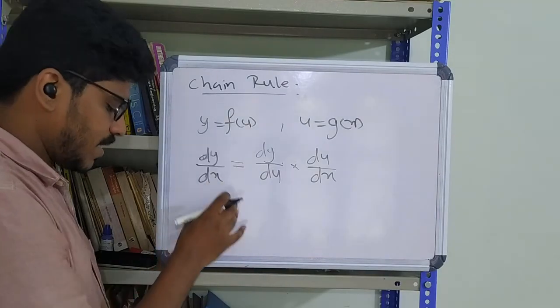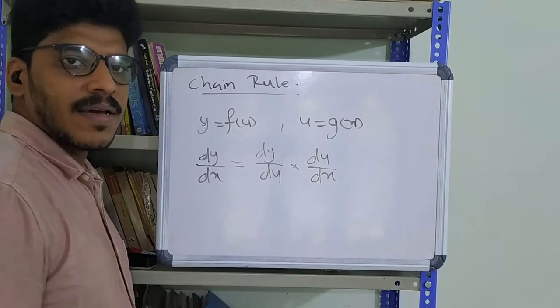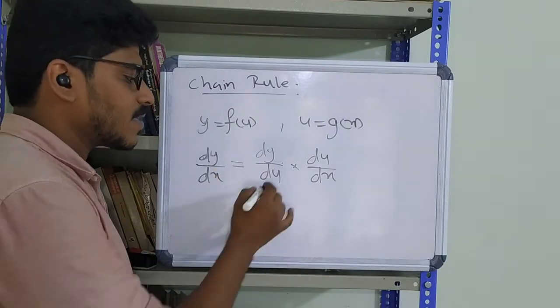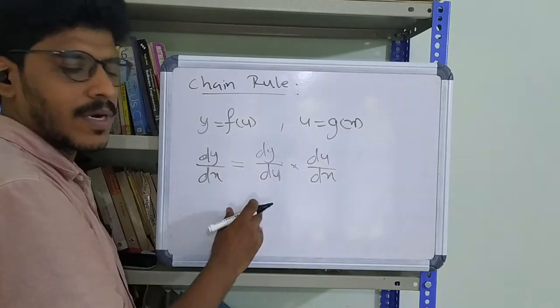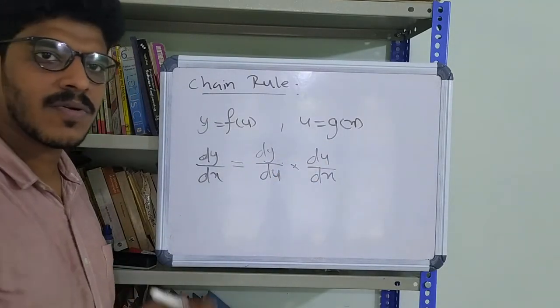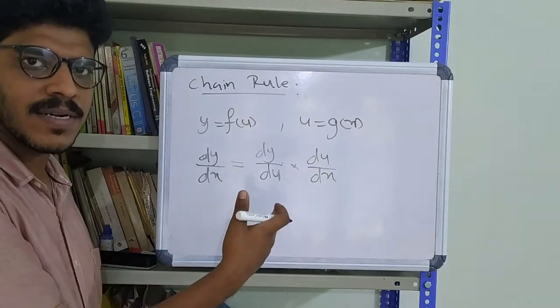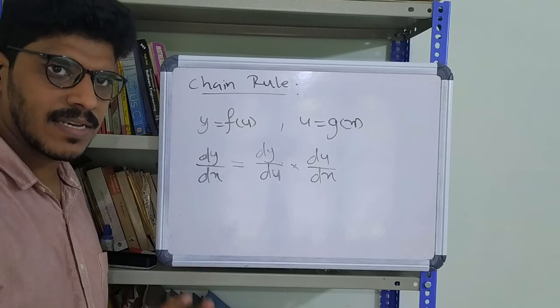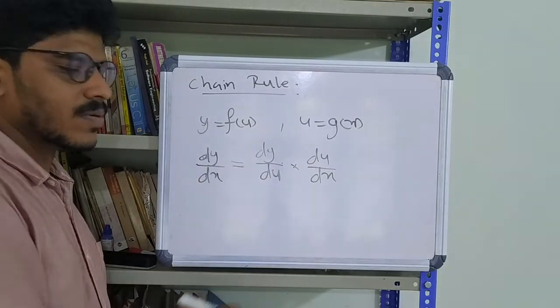So dy by dx was found as dy by du into du by dx. Never think that this is obtained by simply cancelling out du and du. This du is not a number, not a term, and not even a variable. It is an operator which cannot be cancelled out at any cost. So this comes from the chain rule.